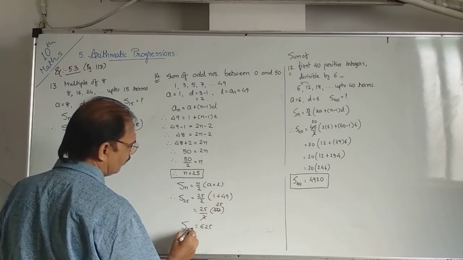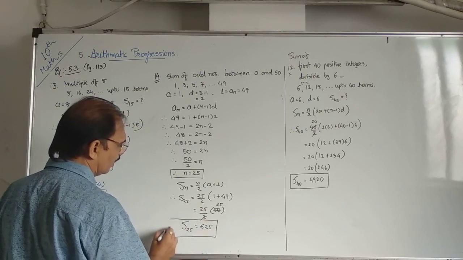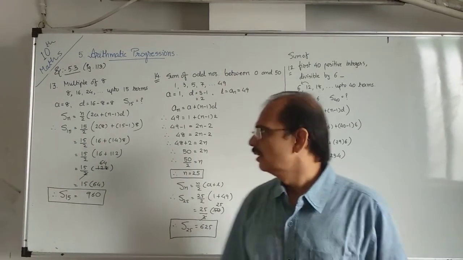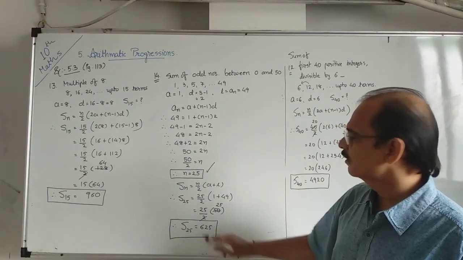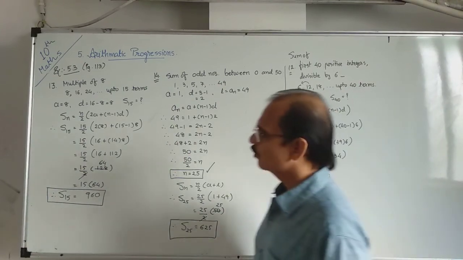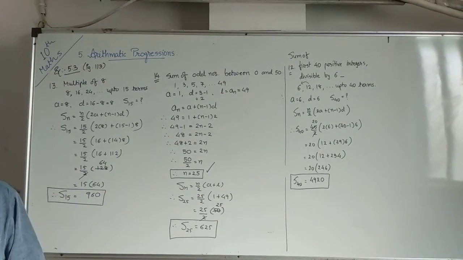This is S25. Once again recall the formula: the sum of odd numbers formula is n square. Here n is 25, so n square is 625. Okay? So in this way you can write it. Afterwards we will start the remaining sums, and the remaining sums are word problems.